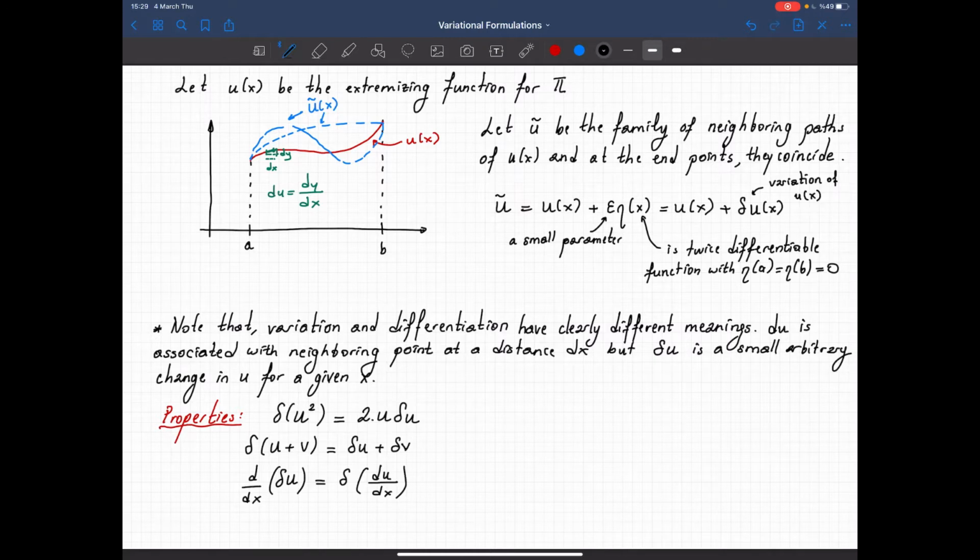And I can apply the chain rule. So variation of u can be represented as del u over del x, variation in x, plus del u over del y, variation in y, and so on.